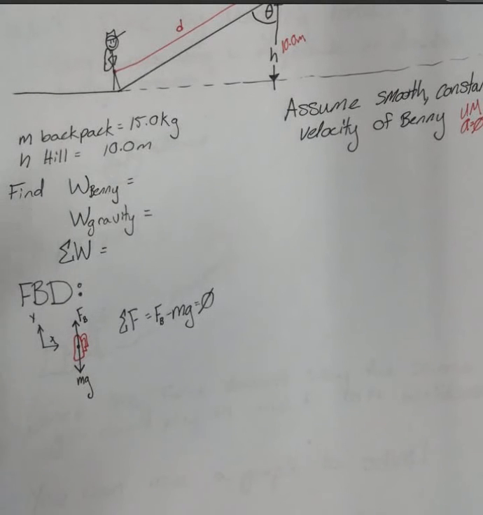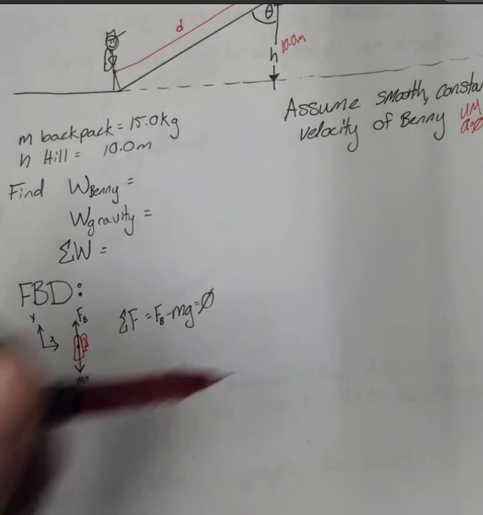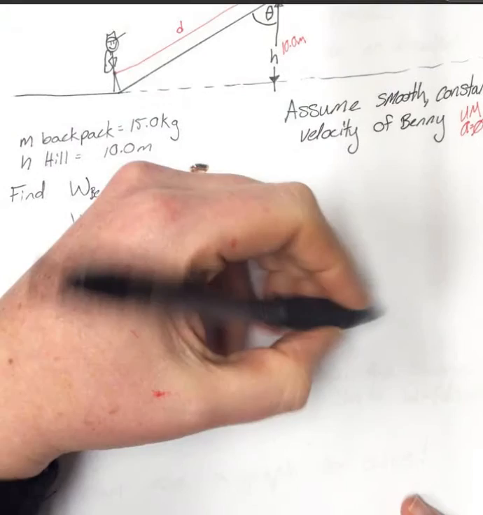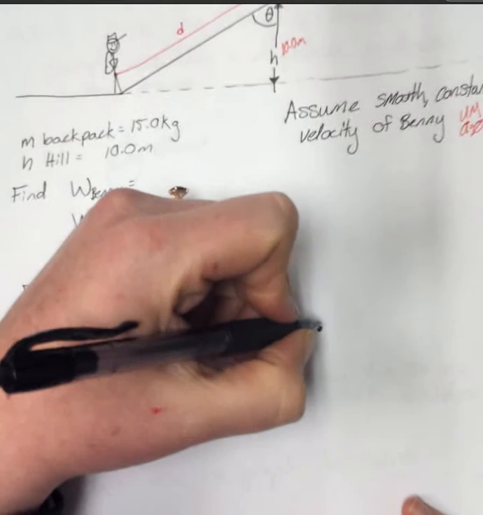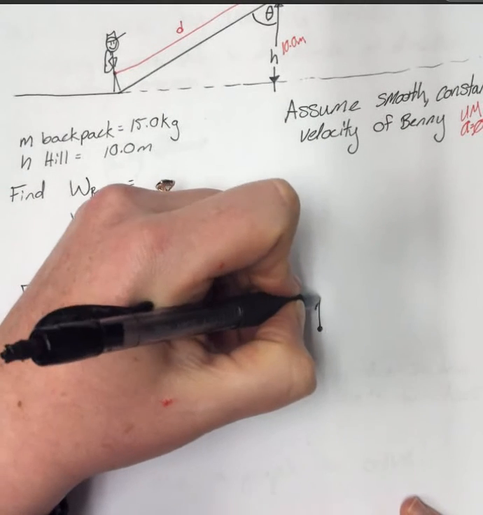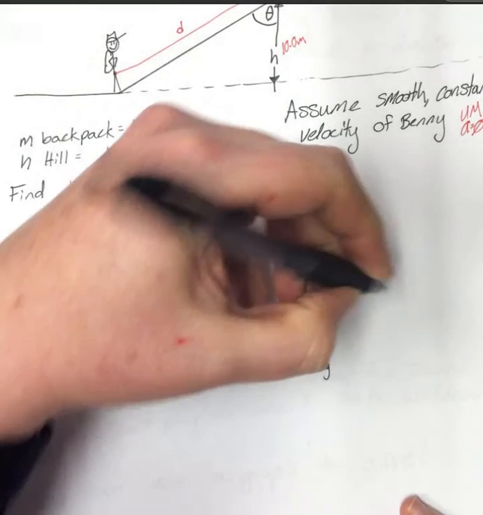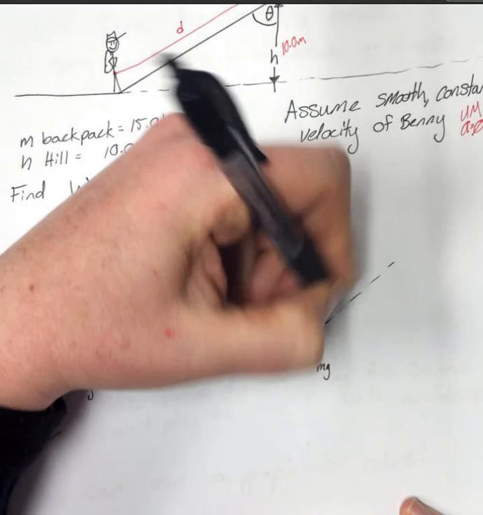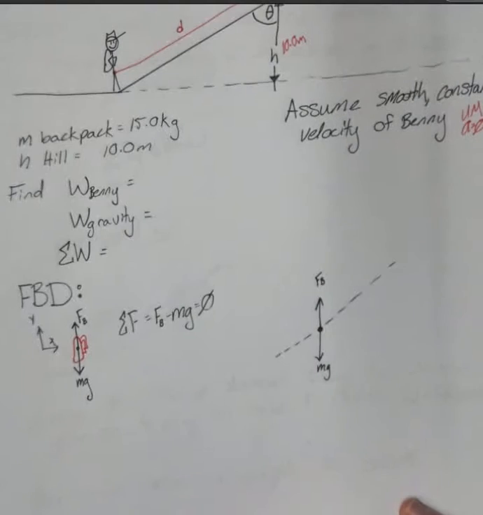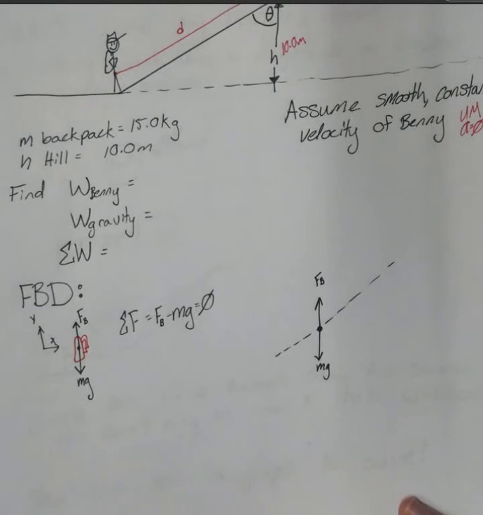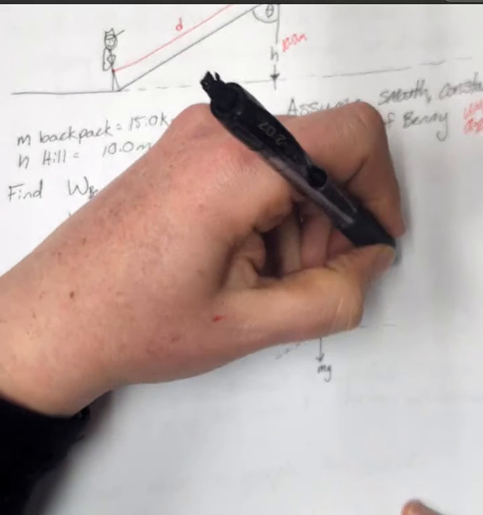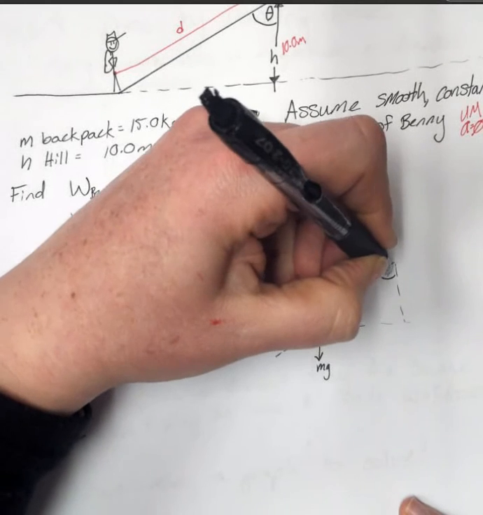Now here we need to be very specific, because in order for us to find the work that Benny did, we need to know the force that Benny did compared to the displacement. So we have this free body diagram, right, where Benny's force is up and gravity is down, but the displacement is along a hill here, and that hill, if I consider, had an angle theta right here.